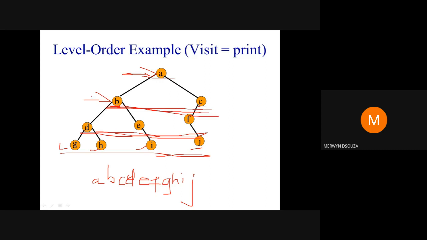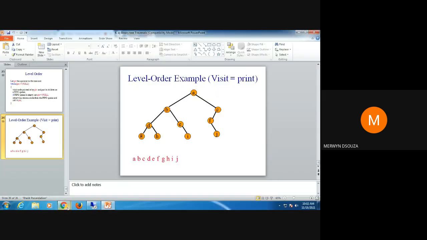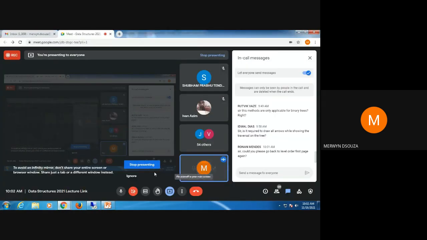Visit all the nodes from the left to the right on that level, and as you are visiting, write them in the output. That will be the example of your level order traversal. This was all the traversal methods for your binary tree.